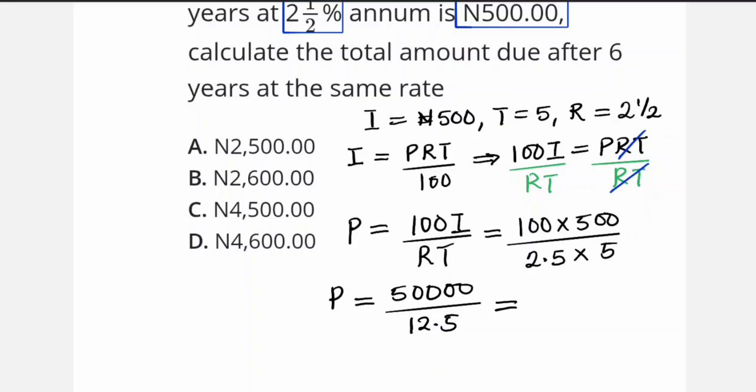So dividing 50,000 by 12.5, we have 4,000. So 4,000 naira is the principal, that is the amount invested.